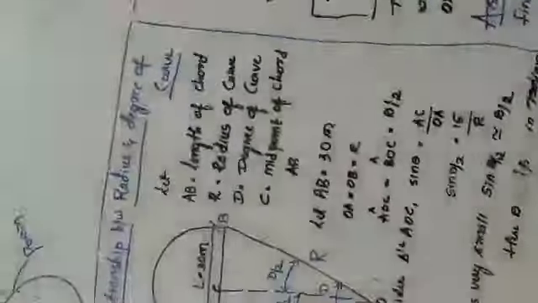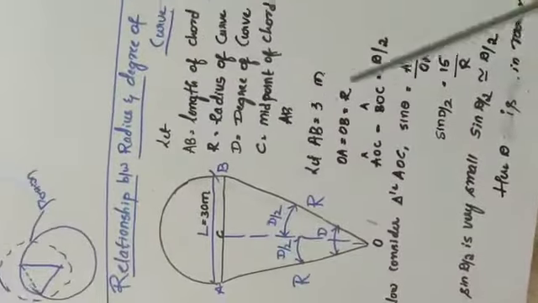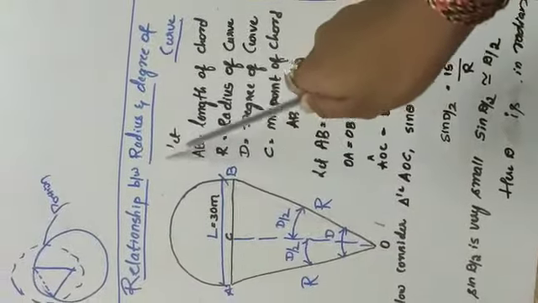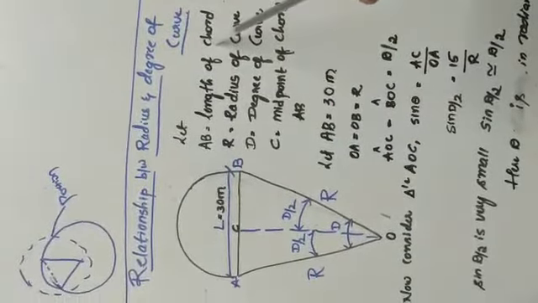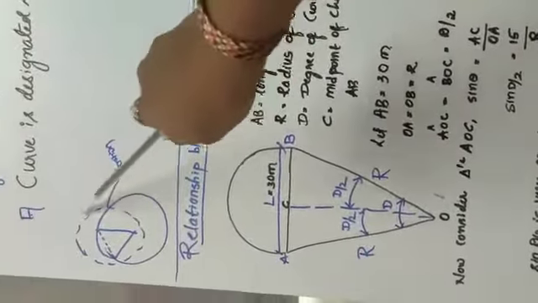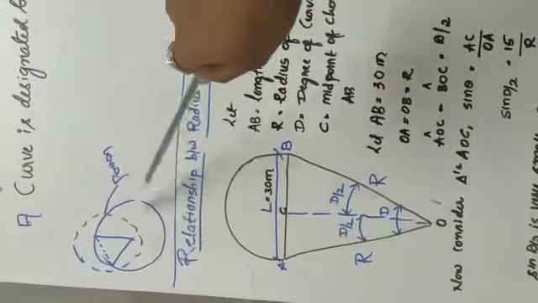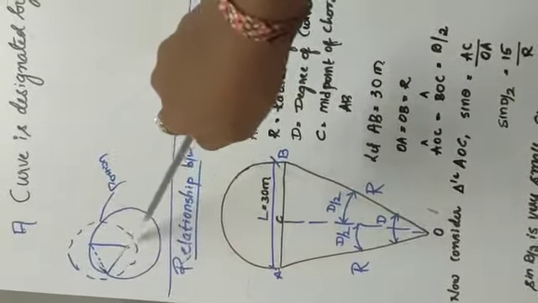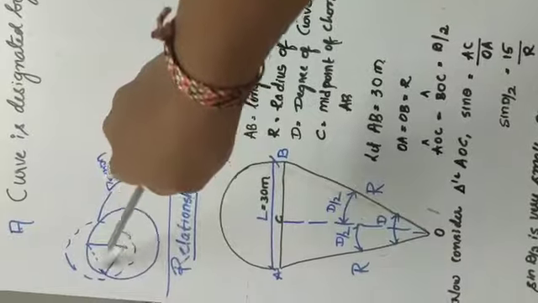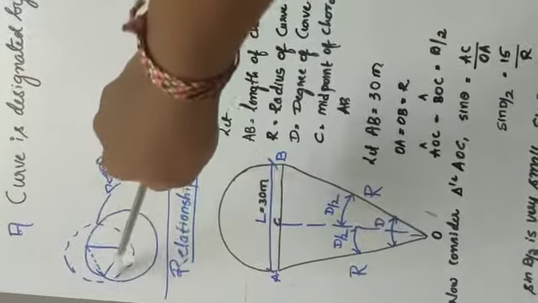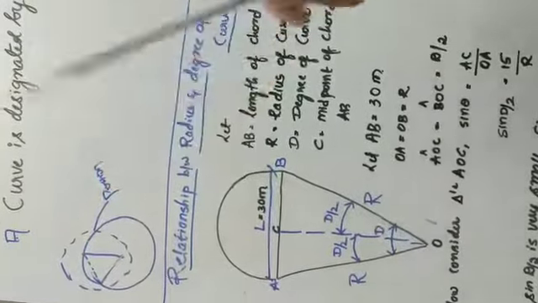So coming to the next topic, that is relationship between radius and degree of curve. If you consider the entire circle, let us take a small portion of that circle with a chord and an arc with its center point.